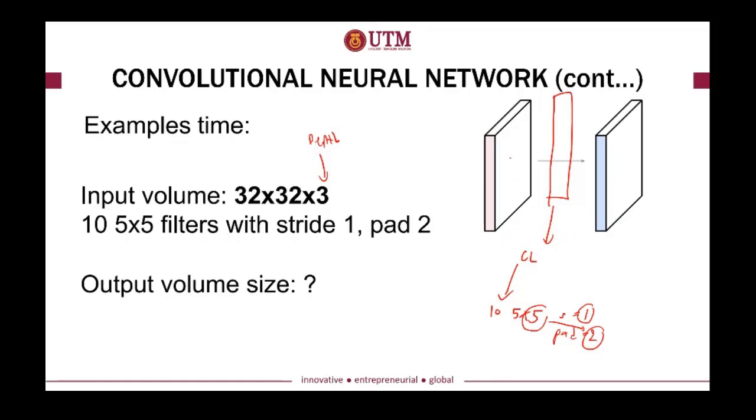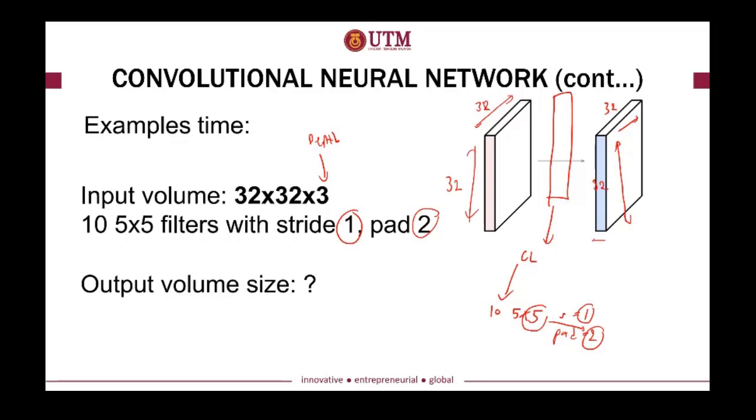Meaning that if the input here is 32 times 32, and you don't jump more than 1, at the same time you increase the padding by 2 pixels border. So by having 5 times 5, the output volume should be what? This one is 32 and this one is 32.